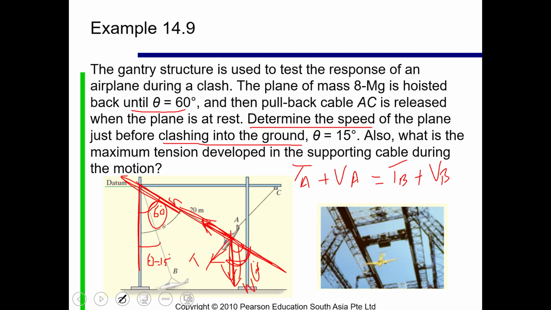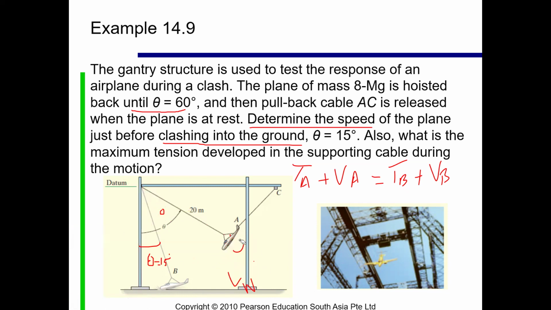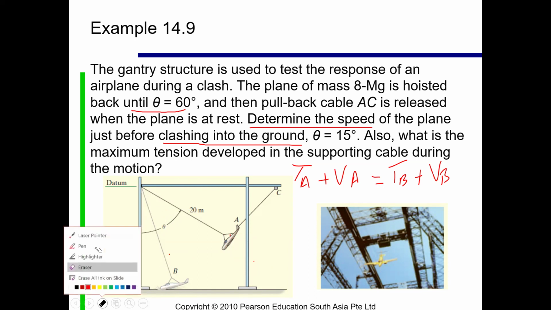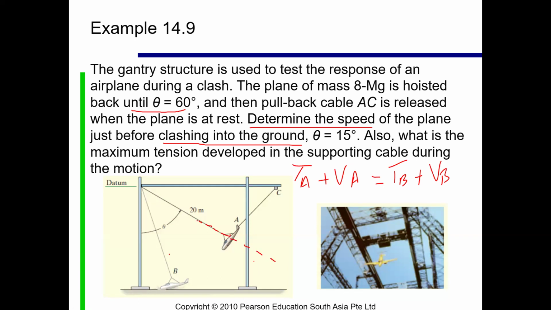Can you see the angle 60, or should I explain it again? Yes, students, you can see. I can show it to you again very quickly. This is the normal axis, right? Tension is technically here, and you see that the line of action is going like this, right?